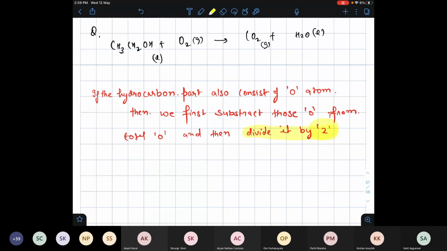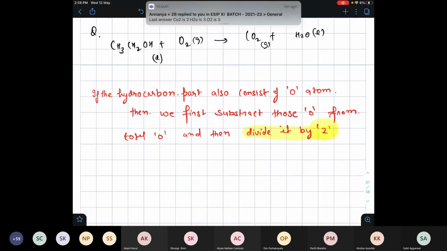Read it and then solve if you can understand it.